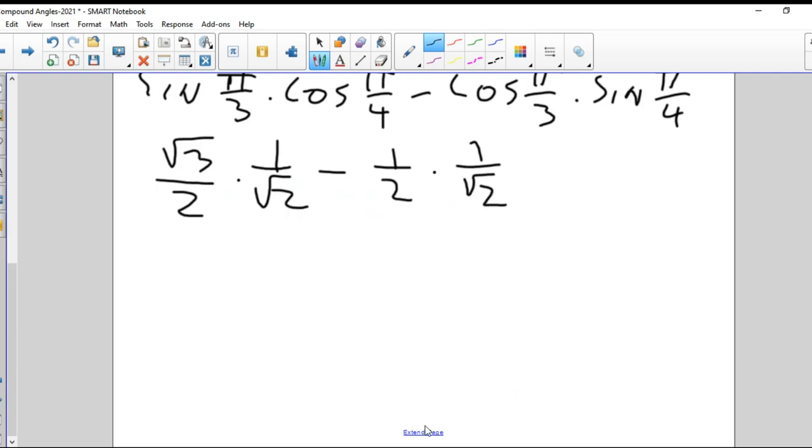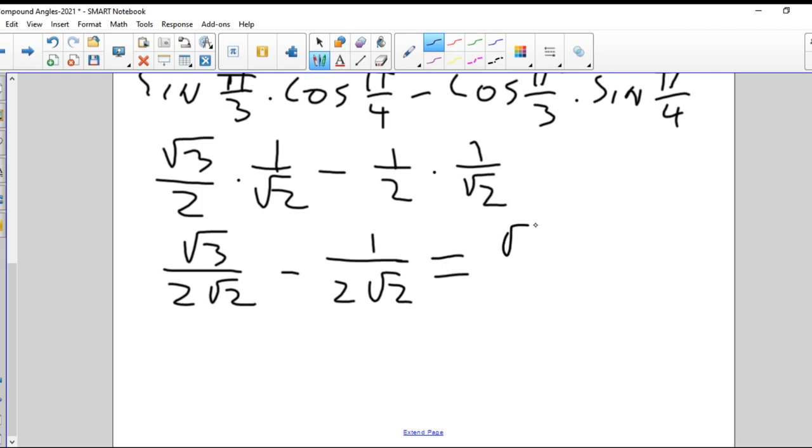So this looks like root 3 over 2 root 2 minus 1 over 2 root 2, right? Which means that's all equal to root 3 minus 1 over 2 root 2. So far, so good, folks.